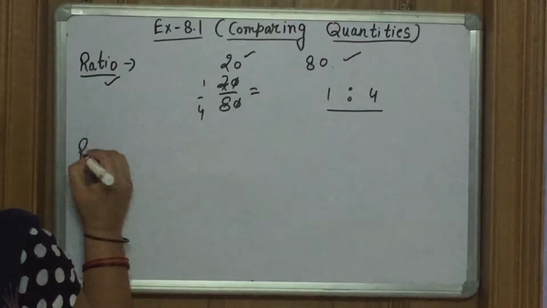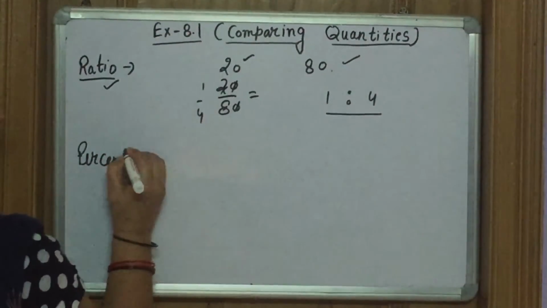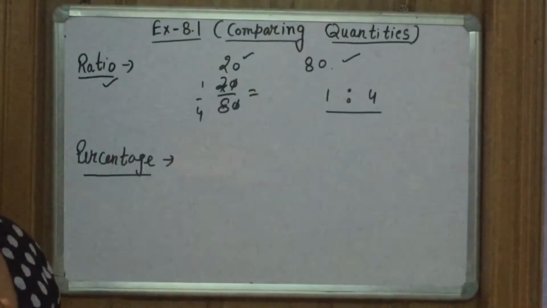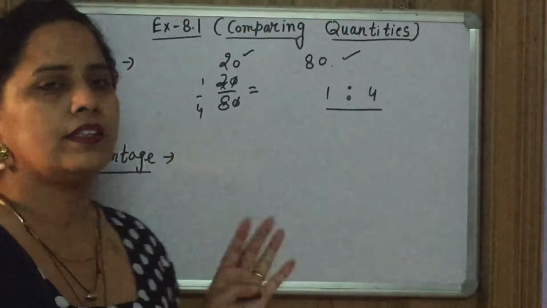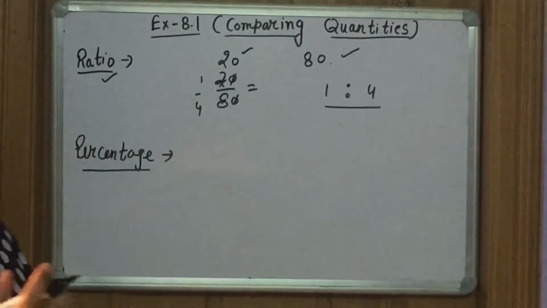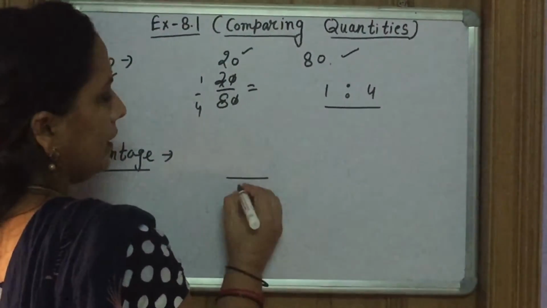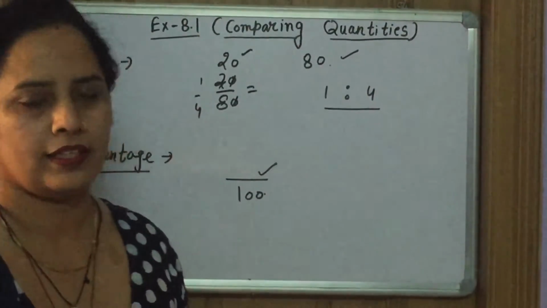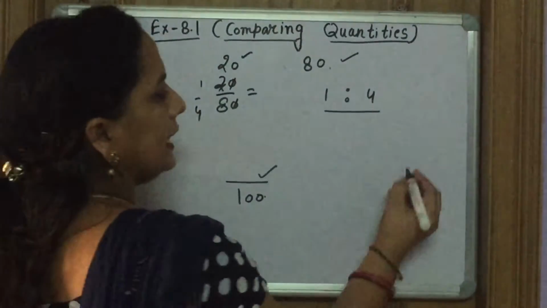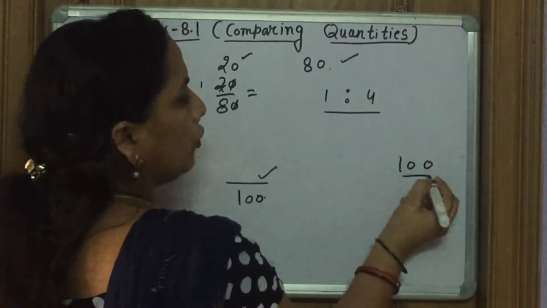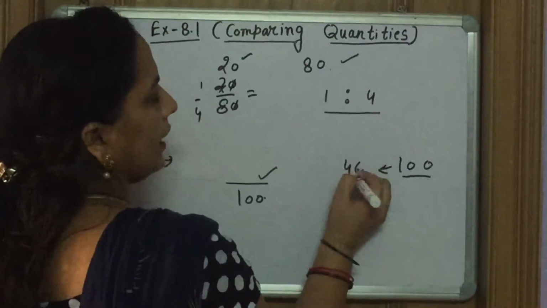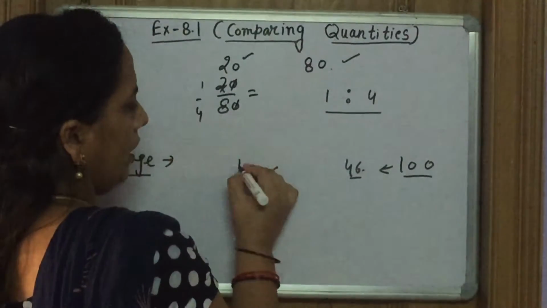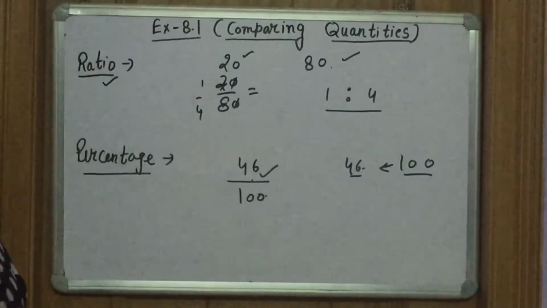Next is percentage. Percentage is a fraction in which the numerator is 100 and the denominator is a rate percent. That means if in any exam out of 100 you get marks 46, then you can say that I got 46 out of 100.